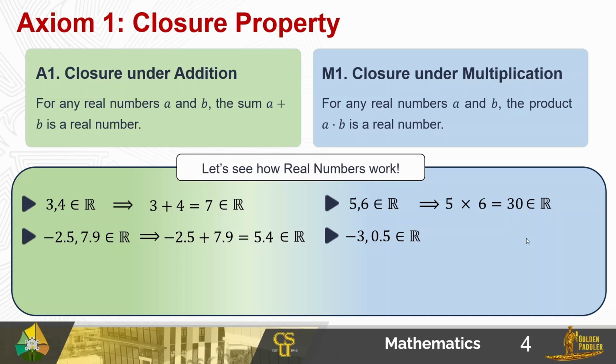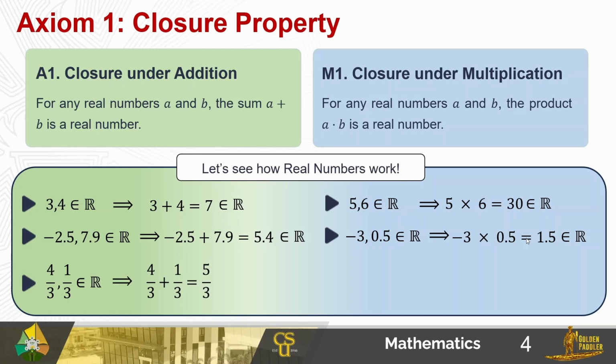Or we have negative 3 and 0.5. If we multiply negative 3 times 0.5, that is equal to negative 1.5. Again, another real number. Or we can also have 4/3 and 1/3, which are real numbers. Adding the two, 4/3 plus 1/3 is equal to 5/3, which is again another real number.